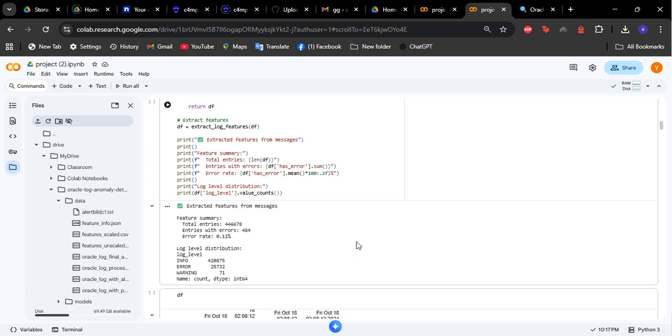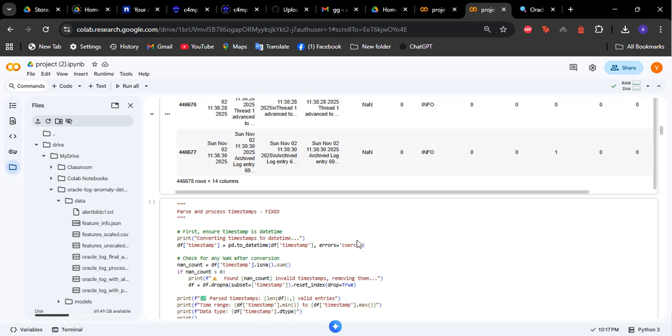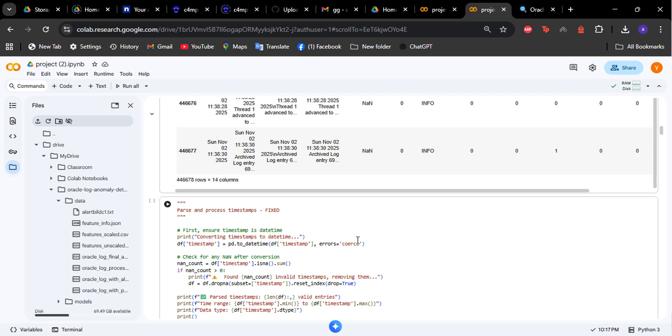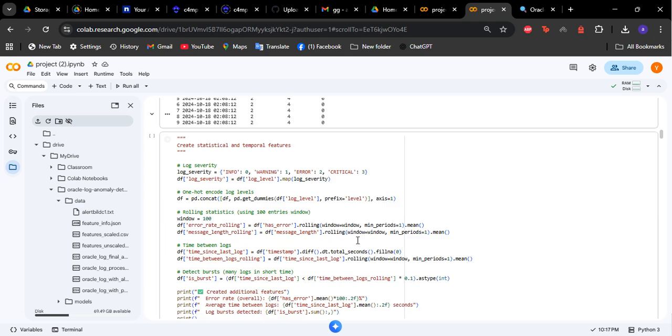The second thing that I've done is clean them and convert them into a structured table that machine learning could use. This includes extracting the timestamp, log label, message text, and whether the log contains error codes such as ORA-00600 or TNS-12514.